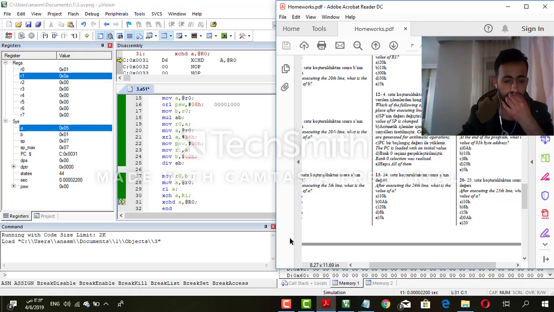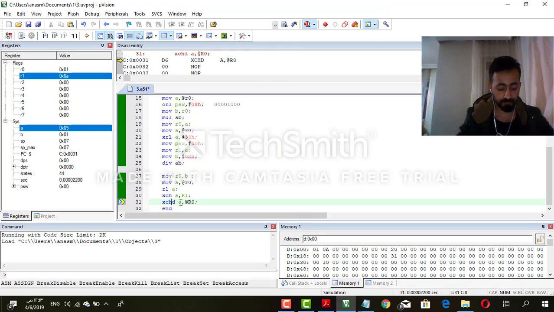Before the end, there is also an exchange, but in this operation we just need to move the low order. I will write it here. A is 0000 1010, no, 0101.